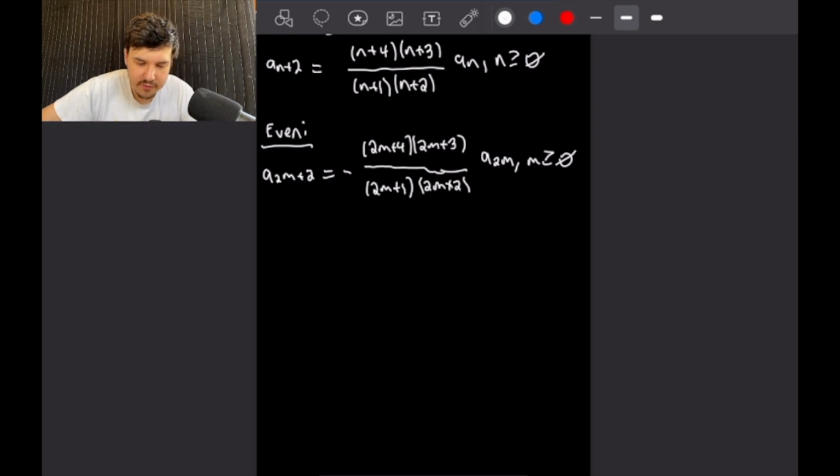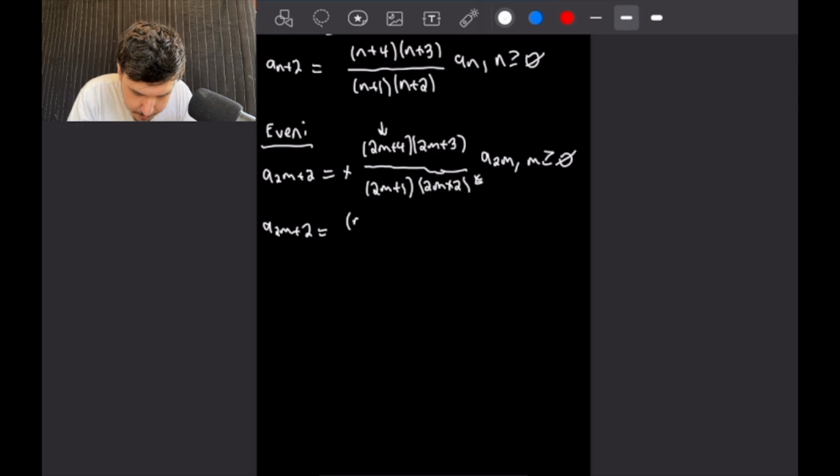And so from here, I want to note that we can extract a multiple of 2 from this first term here and this term here, which will give us the following definition for our a sub 2m plus 2. We will have a sub 2m plus 2 is equal to, well, I forgot to mention that these negatives will cancel. So that will give us m plus 2 times 2m plus 3 in our numerator.